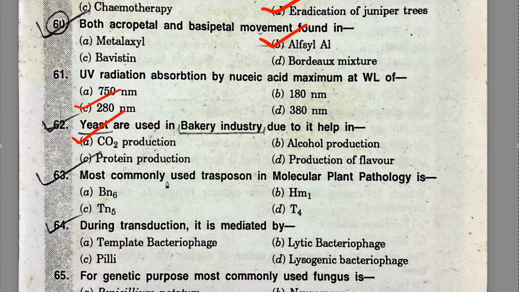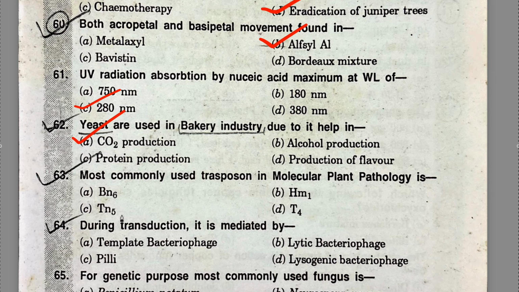63. Most commonly used transposon in molecular plant pathology. Is it Tn6, HM1, Tn5, or T4? Answer is option C. 64.